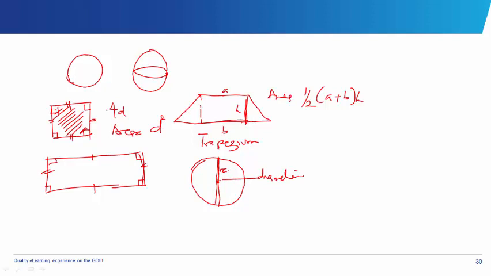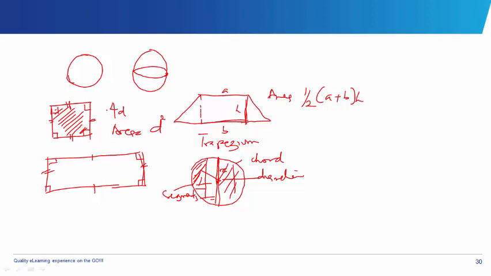The diameter divides it into 2 equal parts. Now, any other line passing through the circle is called a chord. Then each of these smaller parts, they are called segments.